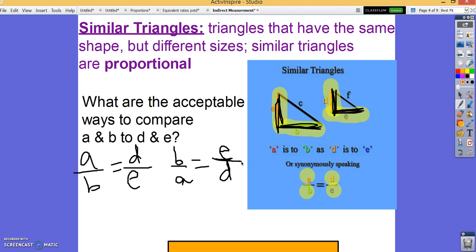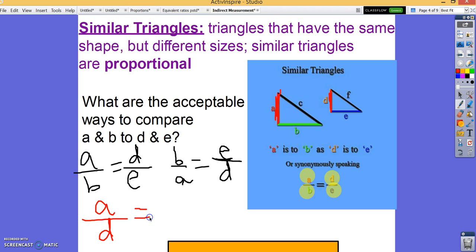Okay? Another thing that we could do, if we wanted to, is we could compare the short side of this triangle, A, to the short side of this triangle, D. So A over D, and set it equal to the long side of that triangle, B, over the long side over here, E. Or we could flip that all around.